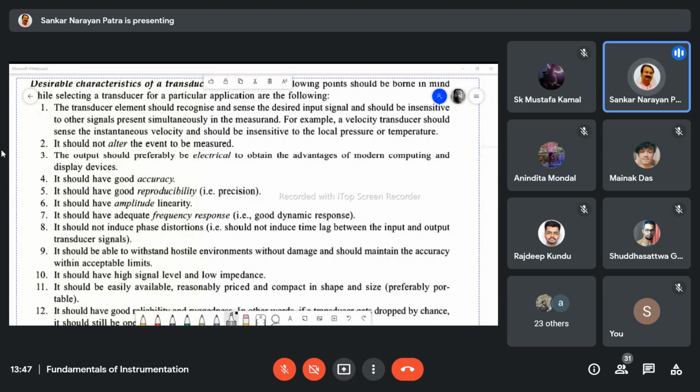Rajdeep Kundu, yes sir, can you read the first point here?